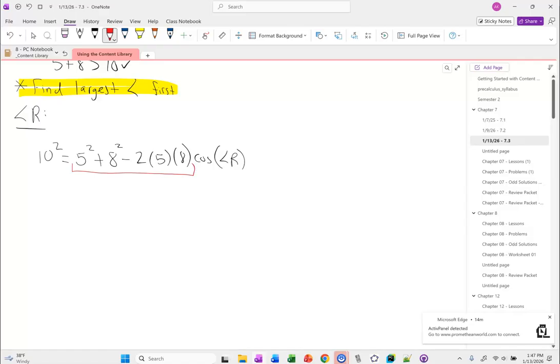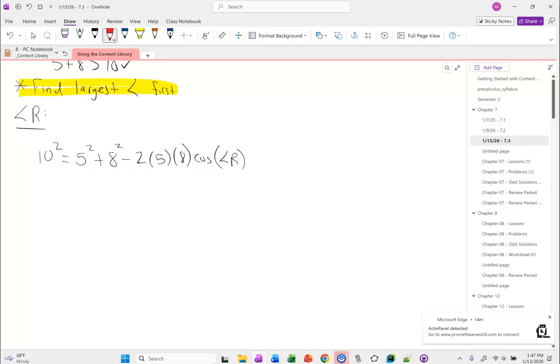Yeah, PEMDAS. They're not like terms, right? These three numbers can go together, and these two numbers can go together, but you can't squish them all together because 2, 5, 8 are attached to the variable. 5 squared and 8 squared are not. Does everybody see that?